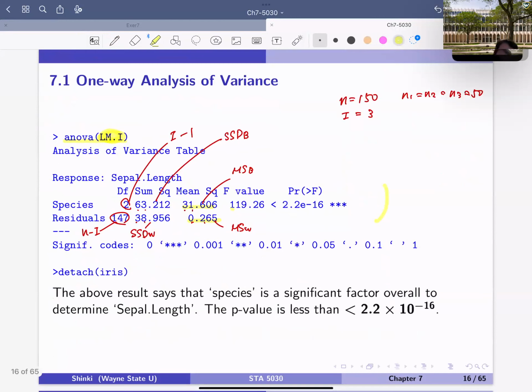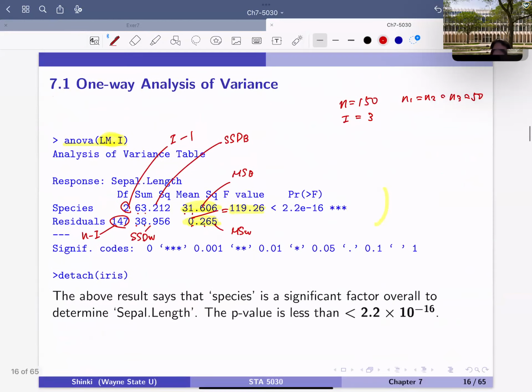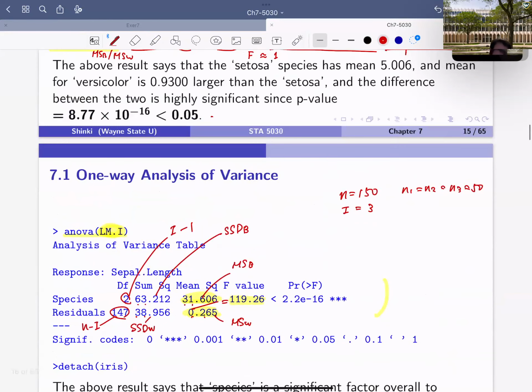The F value is the ratio of these two numbers. 31 over 0.265 is equal to 119. And this F value is the same as the F value in the previous slide.